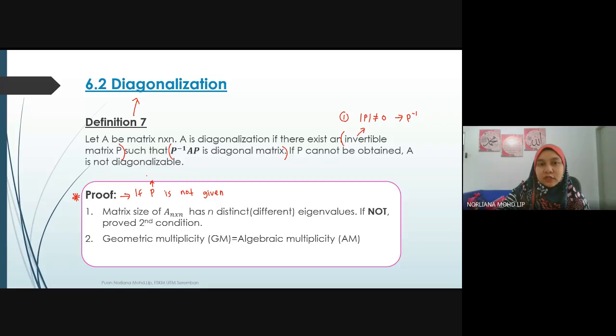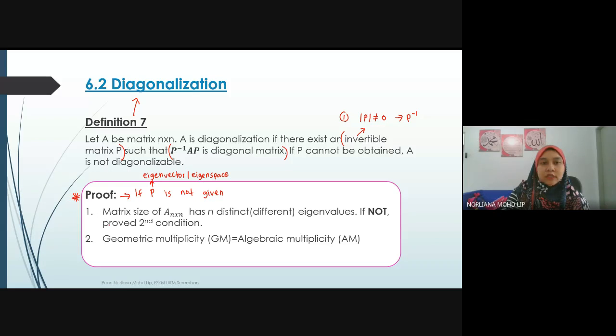Basis for eigenspace, dia punya eigenspace. If P is not given, so we use these two conditions.